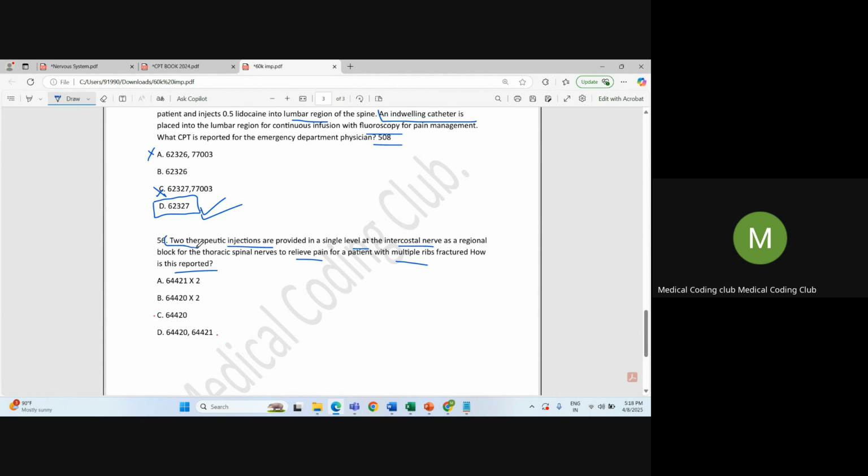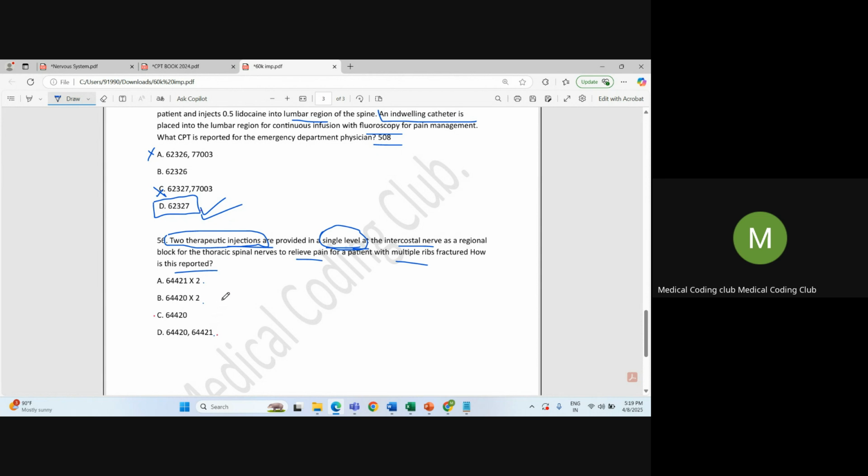So they are saying two therapeutic injections performed or provided at a single level at the intercostal nerve. So level is one only, but for that one level they have used two injections. By seeing two injections, you should not use an additional code. Okay, first I'll show the code description, then you will understand. You can see here, units 2 they have given, and also one additional code they have given.